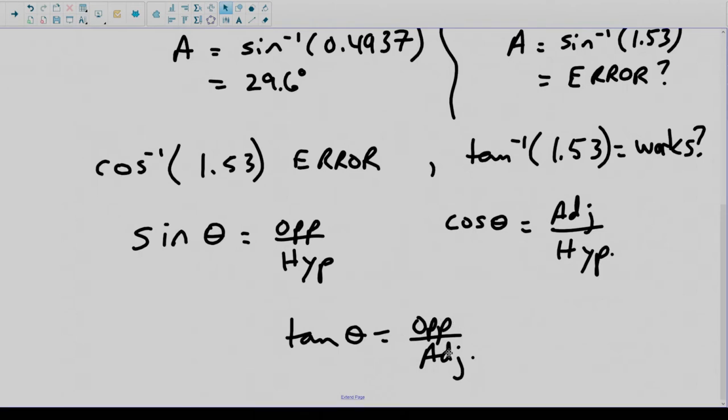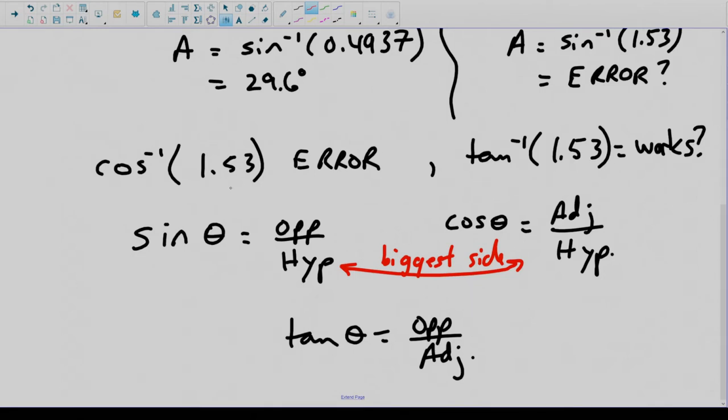Tangent's ratio is opposite over adjacent. What do sine and cos have that tangent doesn't? That is a division by the hypotenuse. And the hypotenuse is the biggest side. So if you divide a number by something that's bigger than it, like 1 divided by 5, you're always going to get a number that's between 0 and 1. A decimal between 0 and 1, like 0.4937 was, right?